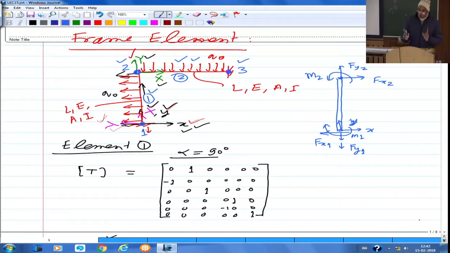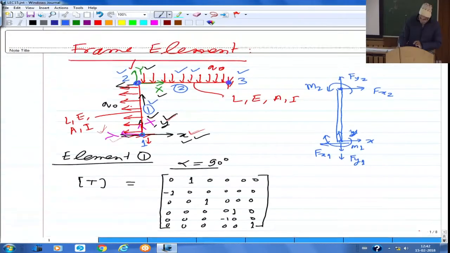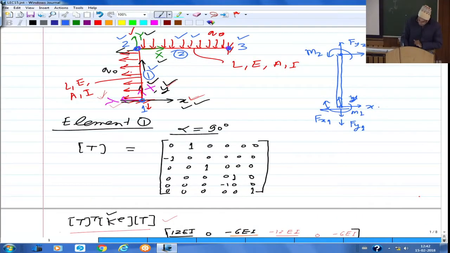And see, in the load vector, when you see with this convention, it's a very good question actually. As far as the global displacements are concerned, we are taking u1 along the global x direction, v1 along the global y direction, and the rotation positive along z axis. So this is my theta 1.